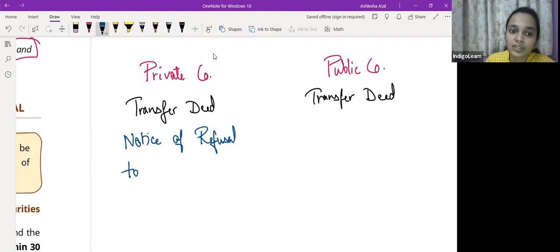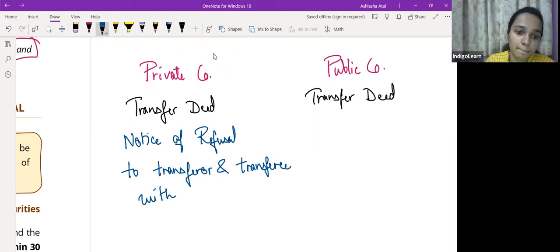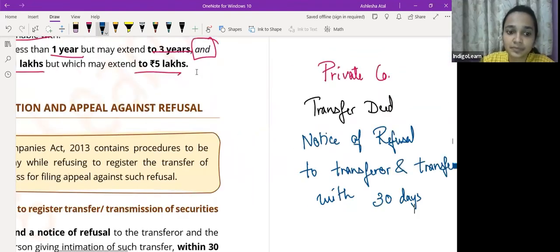To both the transferor and the transferee within 30 days. 30 days कब से? जब से वो ट्रांसफर डॉक्यूमेंट कंपनी के पास गया तब से.